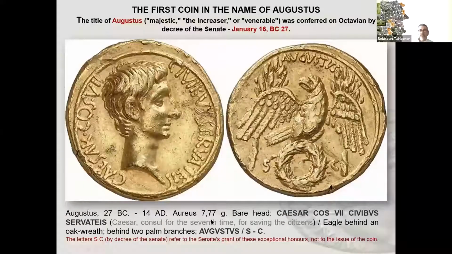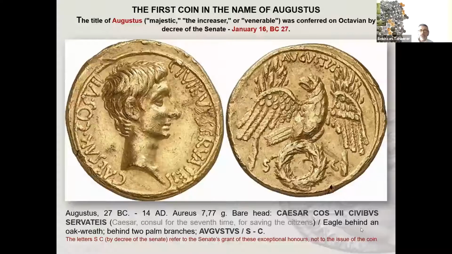And reluctantly, he accepts the title Augustus in 27 BC. The Senate gave him this title. On the obverse we see his bare head, and he's being the consul for the 7th time for saving the citizens.